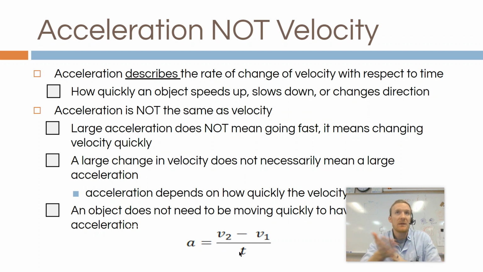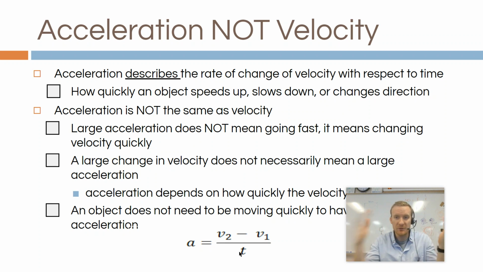So if I am in a car that goes from 0 to 1,000 miles an hour, that's a huge change in velocity, an absurd change in velocity. But if it takes me a year to go from 0 to 1,000, let's say I have an unlimited racetrack and my car speedometer is slowly moving up to 1,000 miles an hour, it doesn't matter how fast I'm going at the end.